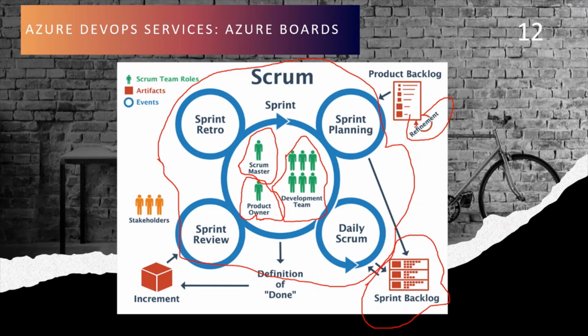So what happens actually, the product owner defines the next sprint backlog, and then he puts some definitions. So the definition of done is put there. If it's a bug, then it can have reproduction steps.